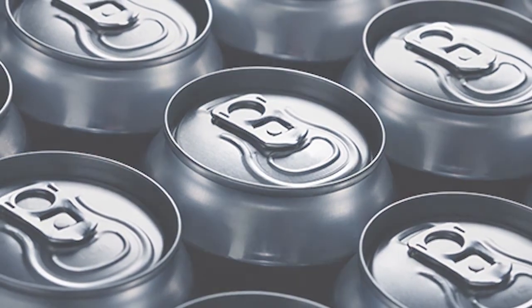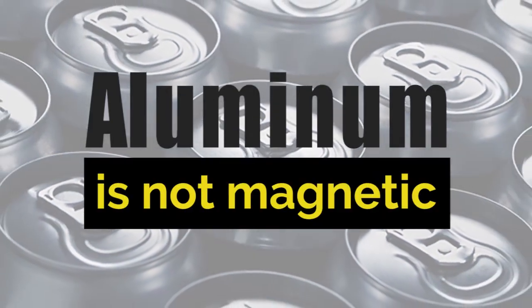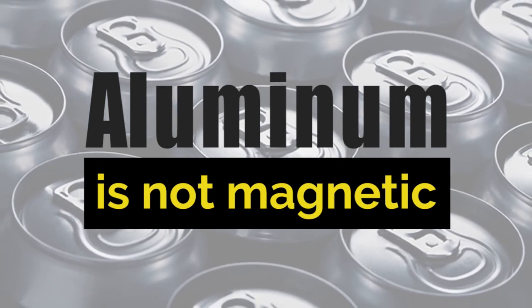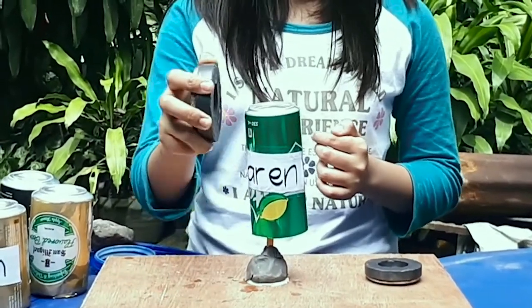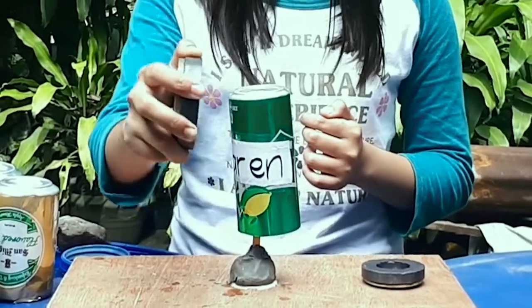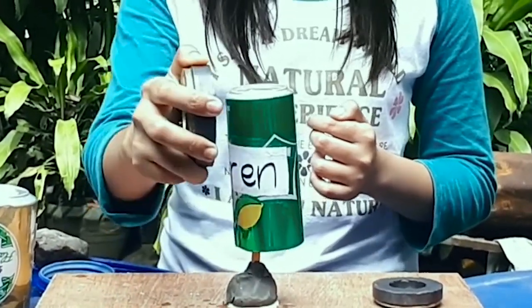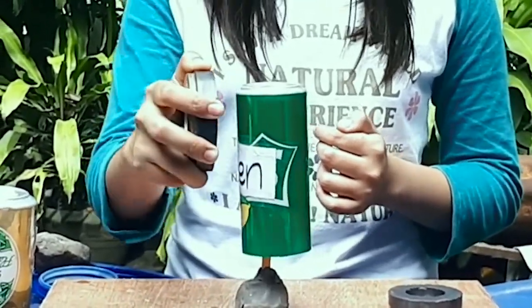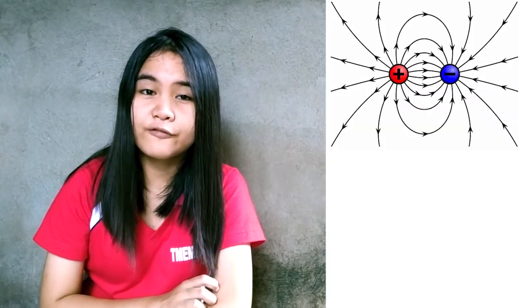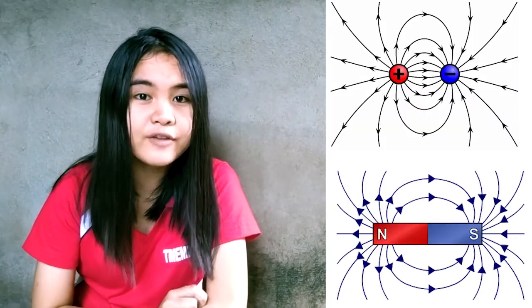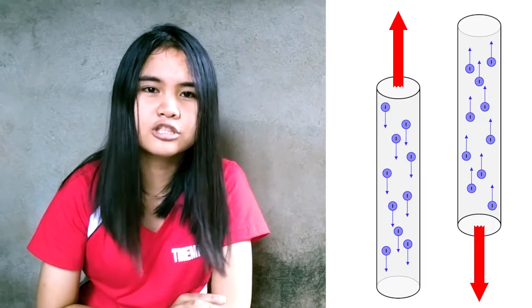We know that aluminum is not magnetic, but if we have a magnet moving near the aluminum or vice versa, there will be some interaction, and part of that interaction is because the movement causes electrical currents to flow in the can. That creates an electric field, which also creates a magnetic field because of the moving electrons.